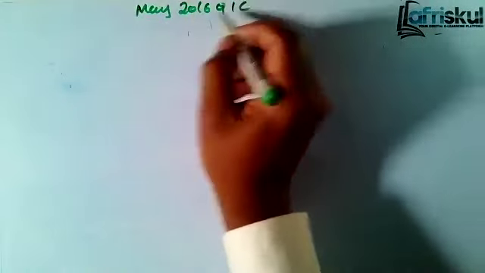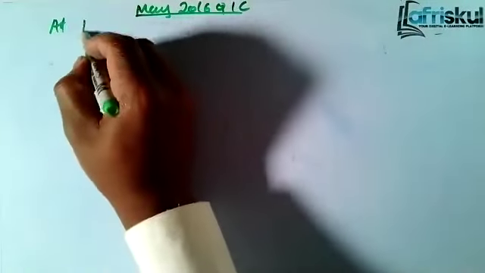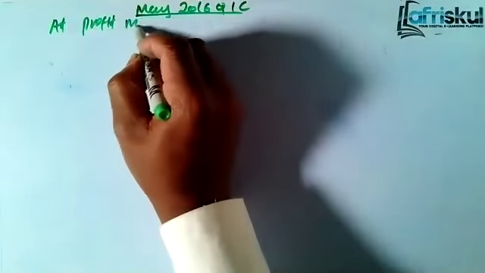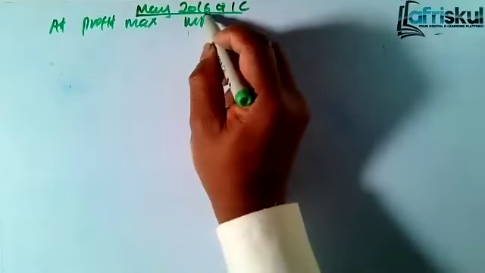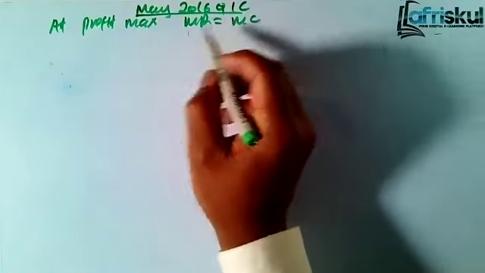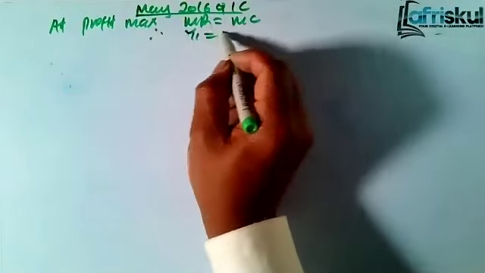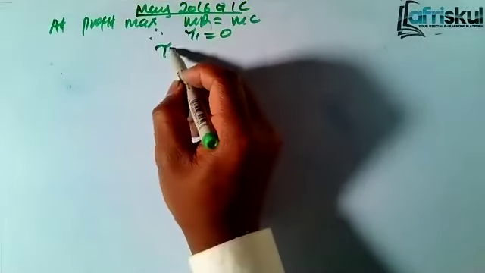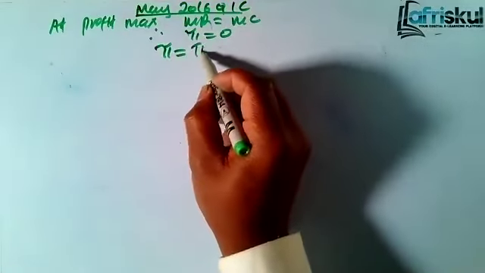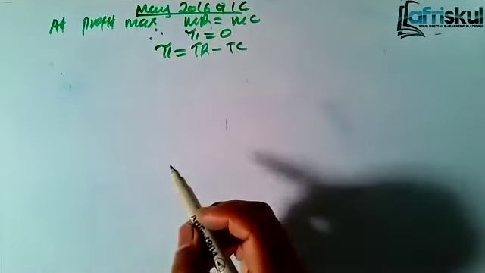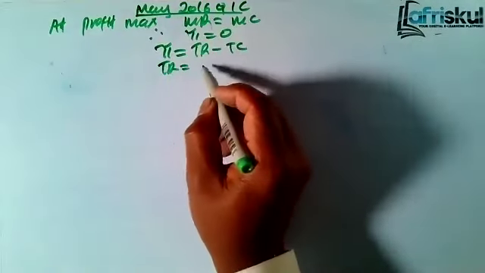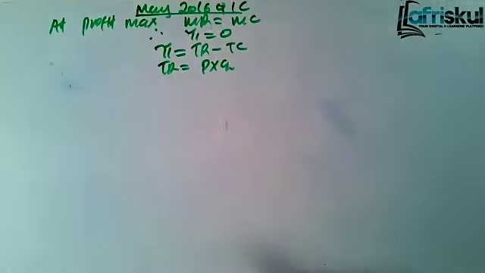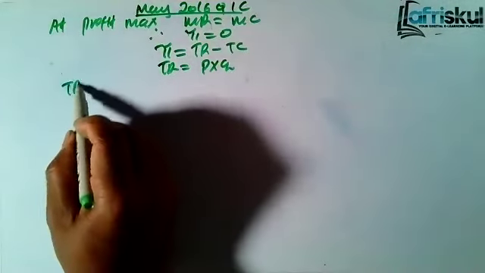So we are doing May 2016 question 1C. We have said that at profit maximization, marginal revenue is equal to marginal cost. Therefore, profit is equal to 0. And how do we get profit? Profit is total revenue minus total cost. And how do we get the total revenue? It is the price times quantity. So let's start there. Let's get the total revenue.